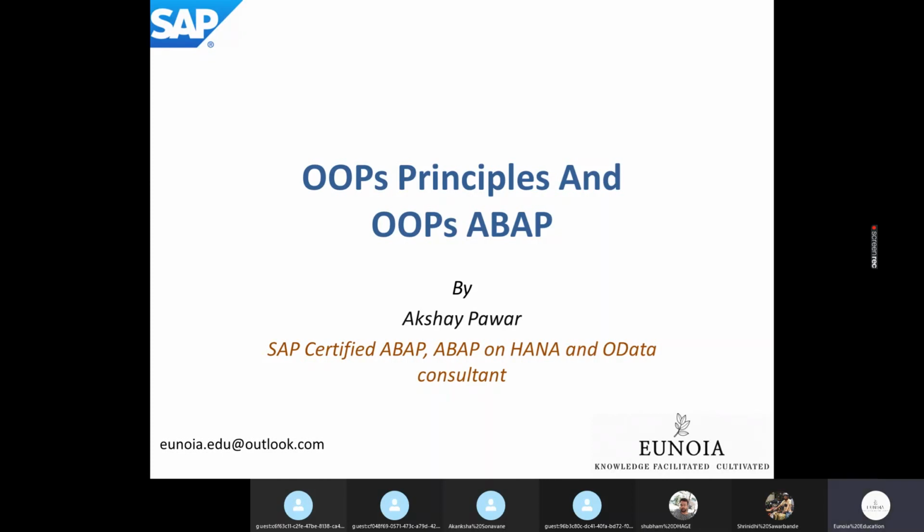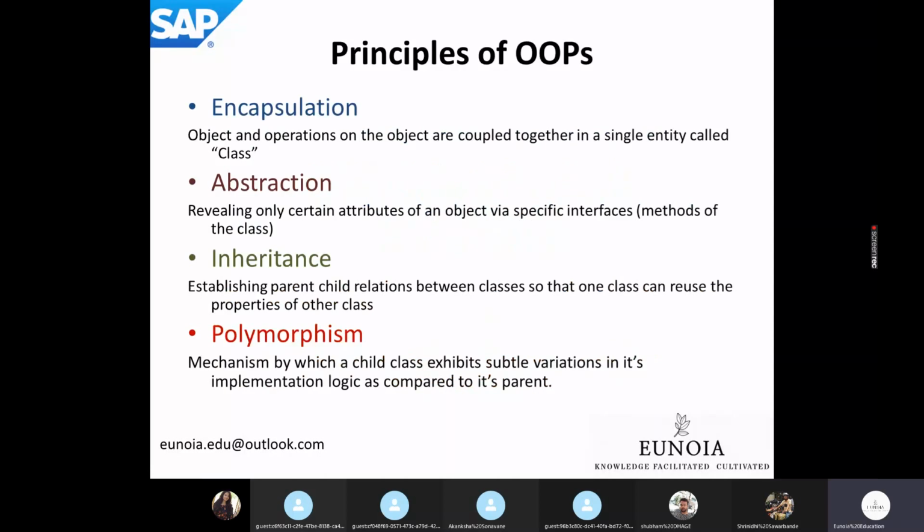The object-oriented approach is followed in SAP UI5 as well, and in other languages like Java. The basic principles of object-oriented programming are these: encapsulation, abstraction, inheritance, and polymorphism.